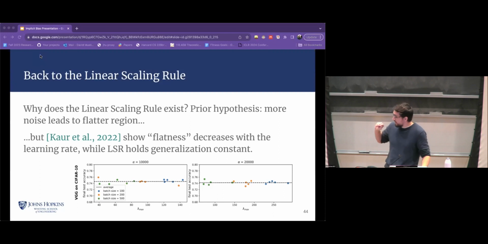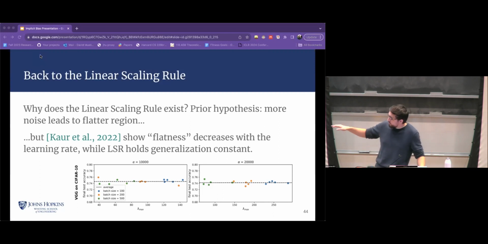In particular, a work that I'm not citing here, but the edge of stability work by Cohen et al. showed that the max eigenvalue of your Hessian that you converge to is really determined by your learning rate, rather than any other properties of your optimization.